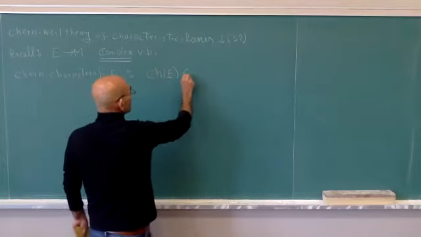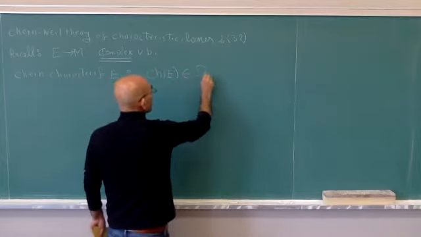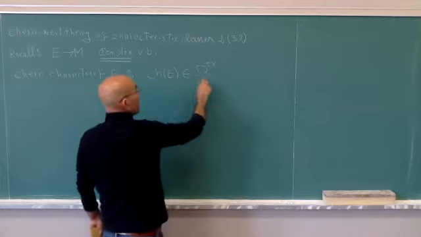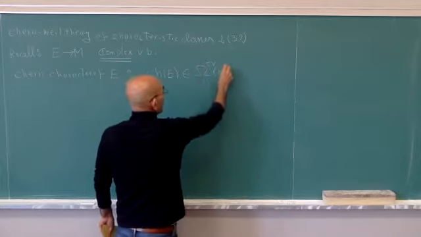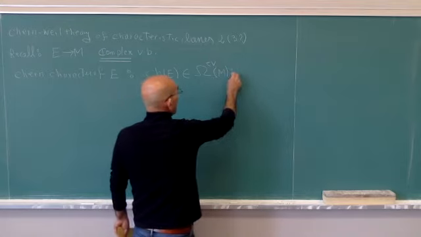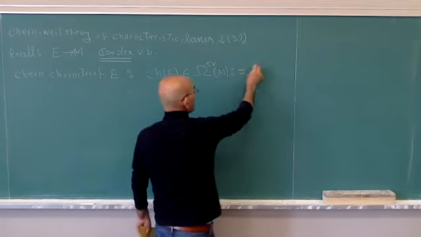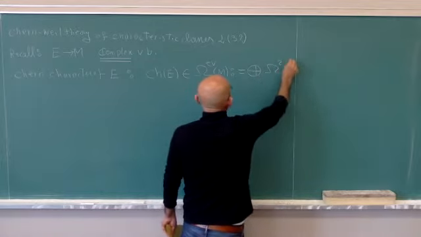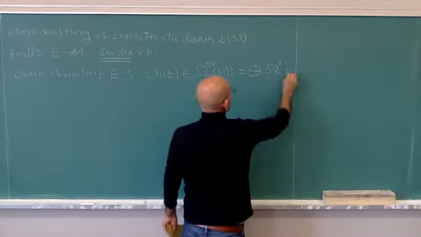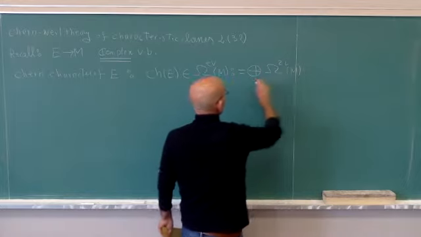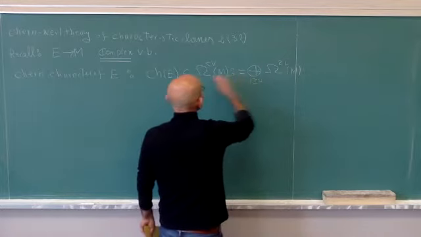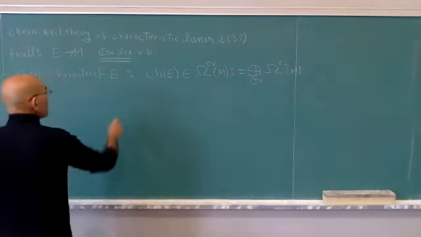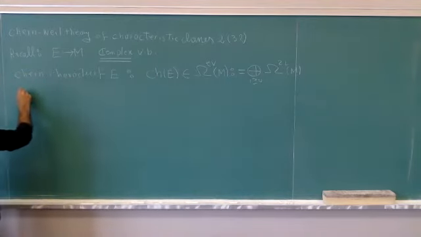This belongs to the even forms, where by definition this is just the direct sum of all even forms on M. First of all, it is closed.